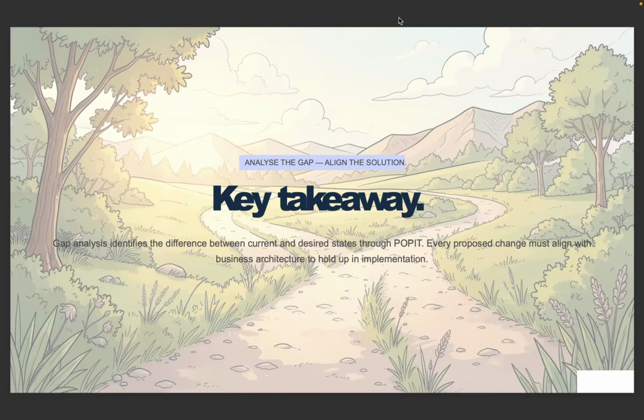So it could be a right process, but we check: does it align with this business need? Does it align with what we want to achieve? We could be aiming at achieving something, and the process could be leading us to another thing. It doesn't mean the process is a wrong process, but it could just be wrong for that organization. That's why it is a very major factor to check.